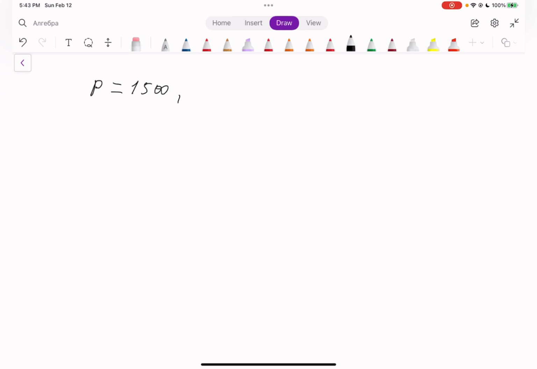This is a dollar amount. Interest rate is 2.4%, or 0.024.